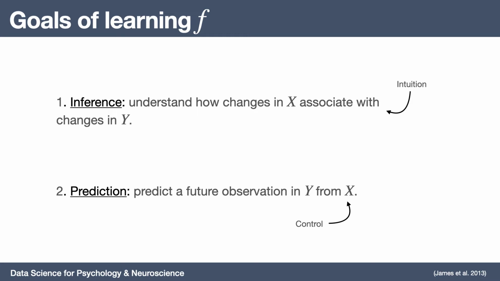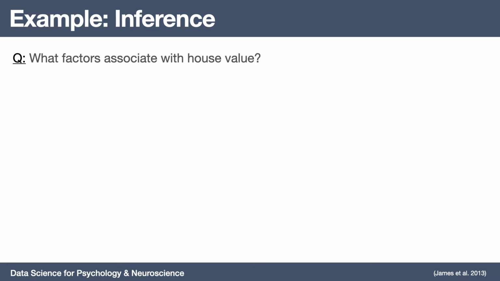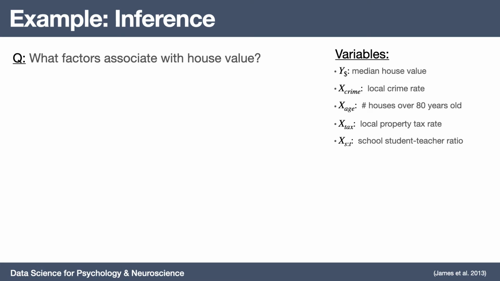Let's consider the context of inference, where you want to fit a regression model in order to gain some inferential understanding about the relationship between x and y. Let's consider the case where you want to understand what factors associate with house value. Let's say you have a data set where you have an estimate for the median house value of a particular neighborhood or block.